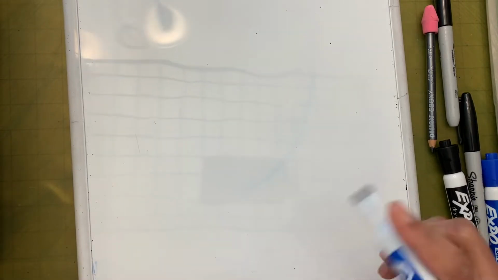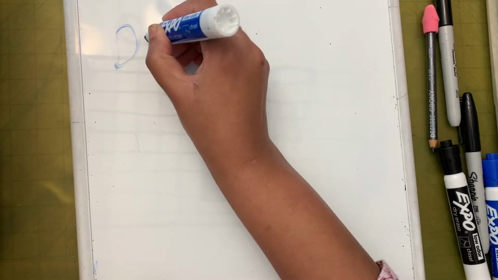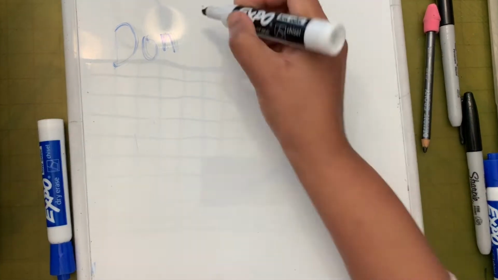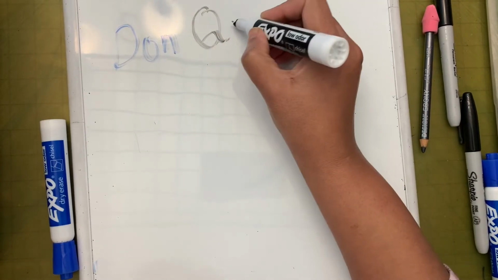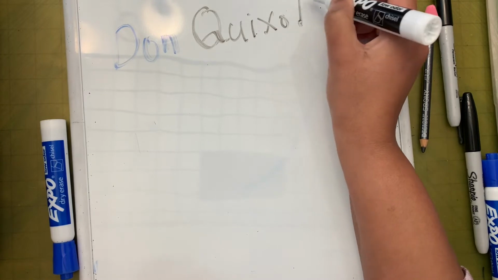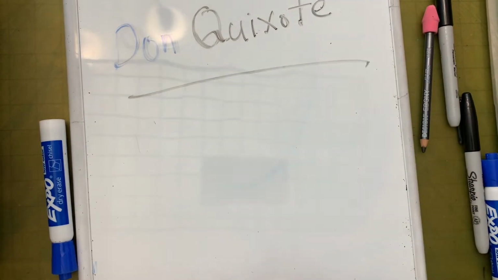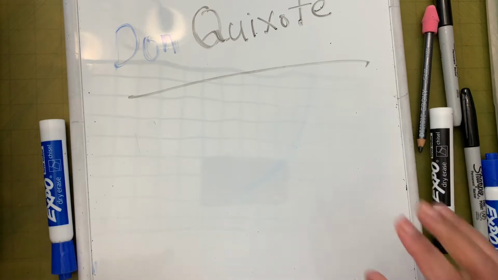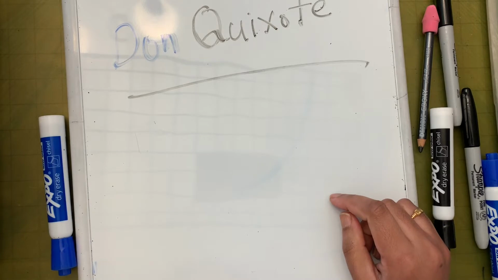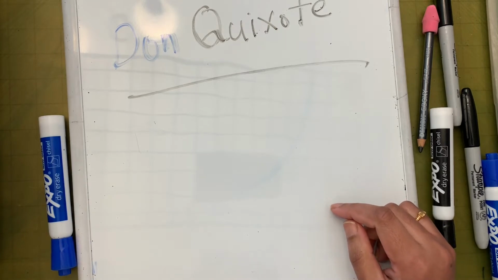So who is that? So Don Quixote. It's a famous Spanish novel about a quirky man who loved reading books about knights. Not just any books.